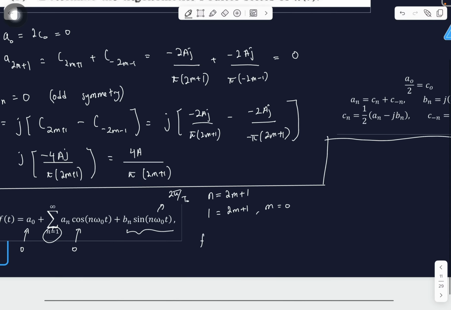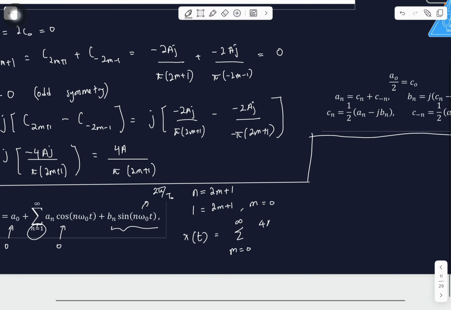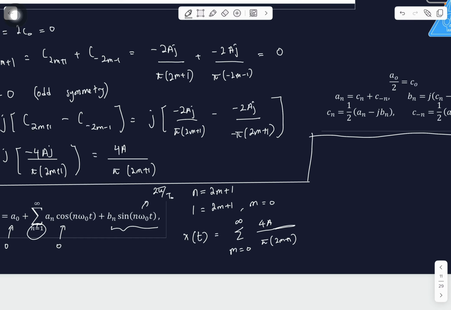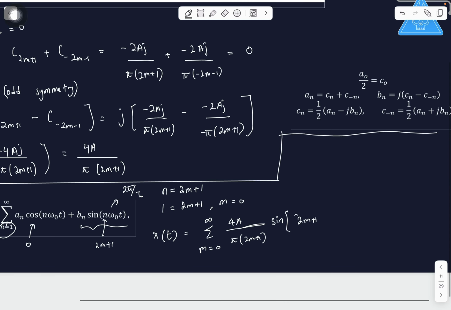So we just substitute x of t will be equal to the summation from m equals 0 to infinity of b_n, which is 4a over pi(2m plus 1) times sin of (2m plus 1) times omega naught, 2 pi over T naught, t.